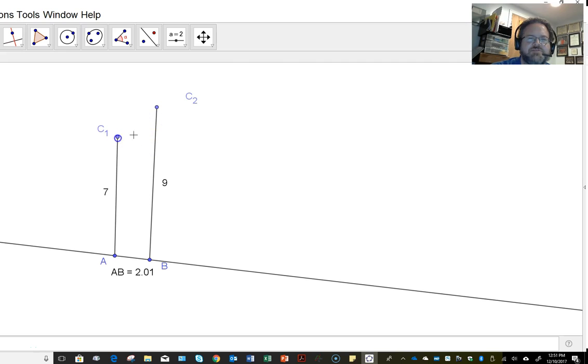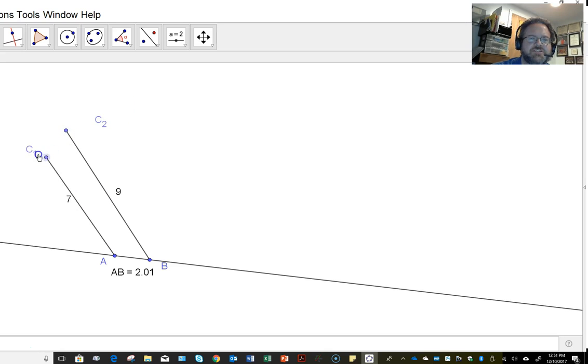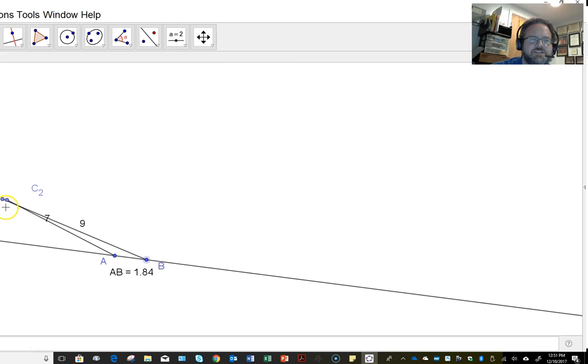As I keep trying to move this around, well, this one is a little bit over, so it still might have a small chance of working. Yeah, I could get a triangle there, but if I go a little bit shorter than 2, no matter what I do, these points are never going to match up. The closest I get is when they're along the same segment. And even if I pull it down here, they don't quite match up. So as we see, the lower end of that is 2.